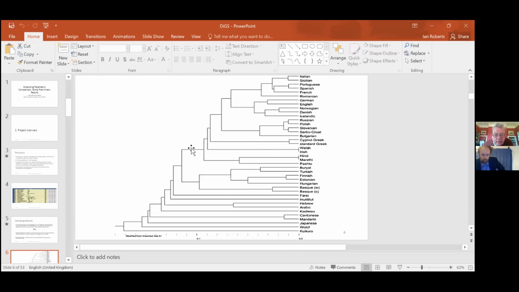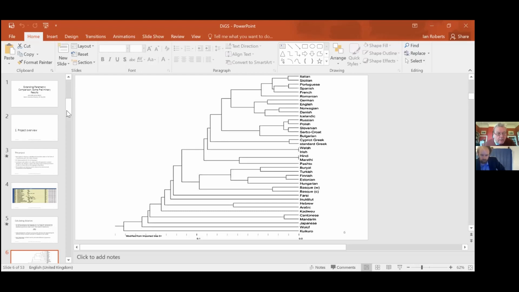What we can see, though, is that I think it is from this node that we have the Indo-European family. In fact, all and only the Indo-European languages in the sample are dominated by this node, with the exception of Farsi. There's a slight glitch there, which you can read about in the work by Longobardi and others.